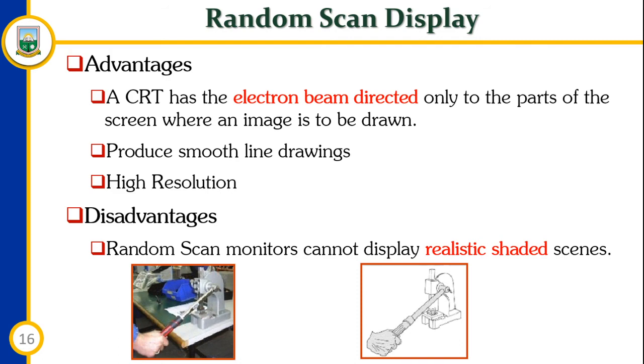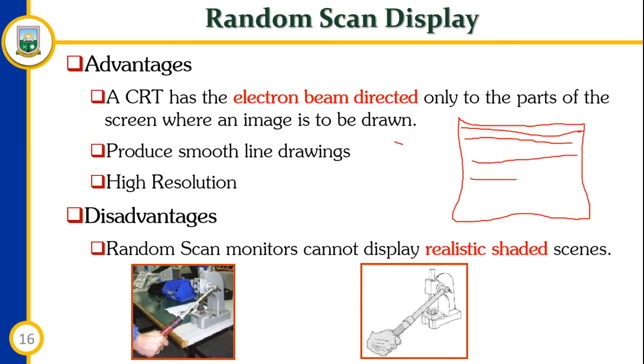When we want to draw an image, maybe the triangle, as I used as an example, the beam does not hit each part of the screen to construct the object. Rather, it moves to the starting point and draws the object, as had been depicted in the previous slide.